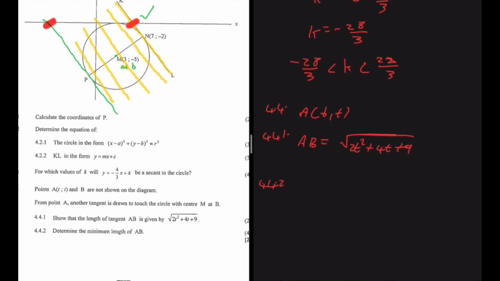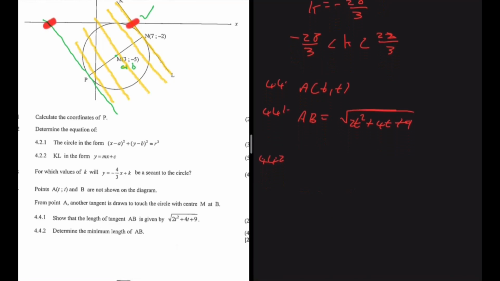Let's do 4.4.2. This is very similar to that question that was saying let's find the minimum distance between f equals x squared and that coordinate, I think it was like 10 and 2. But anyway, let's solve the problem we have. The problem here is to determine the minimum length of AB. So we know that AB is equal to the square root of 2T squared plus 4T plus 9.